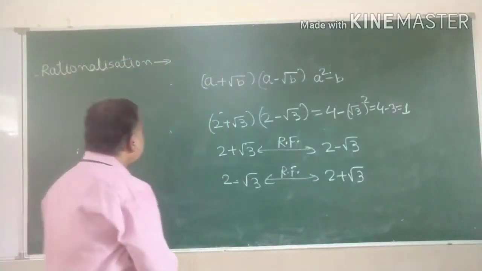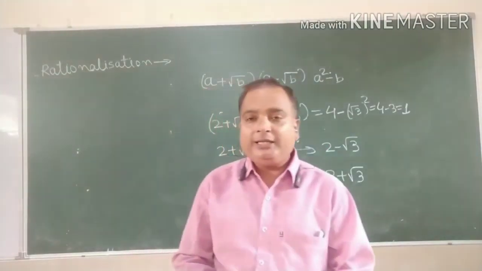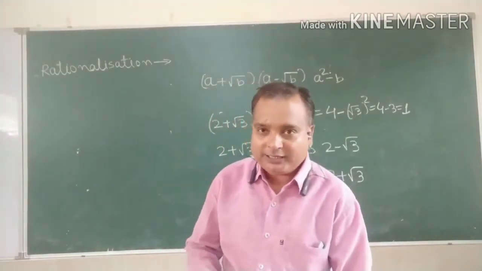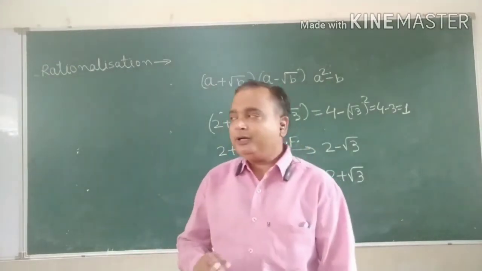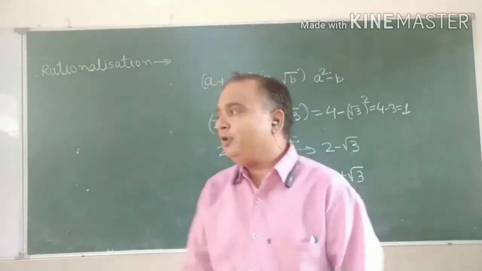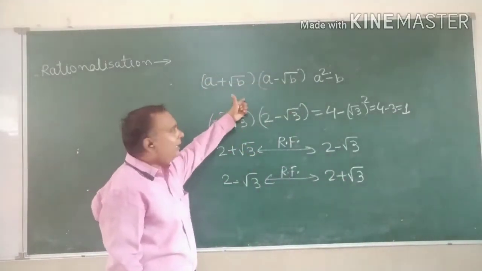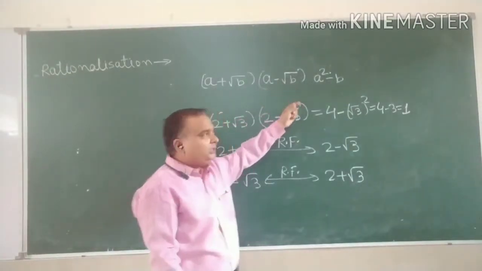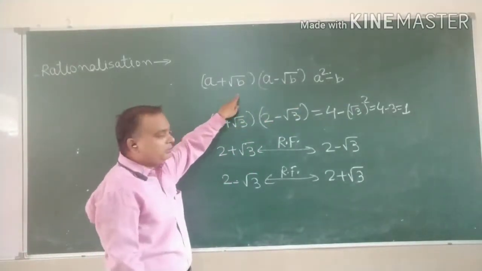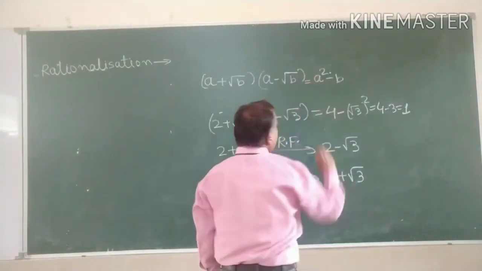Now the topic is rationalization. What is rationalization? Basically, rationalization is a process in which we convert two irrational numbers into one rational number. For example, if the numbers are a + √b and a − √b, now if I multiply both the numbers, it will equal a² − b.